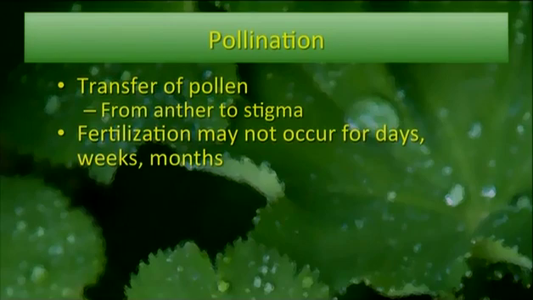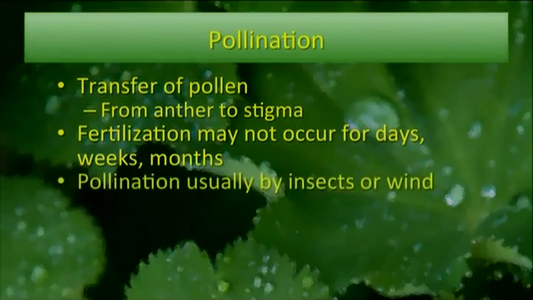Fertilization may not even occur at all if it's the wrong pollen. Sometimes pollen won't even germinate because it's the wrong pollen. It needs to be the right pollen. Flowers are very picky.